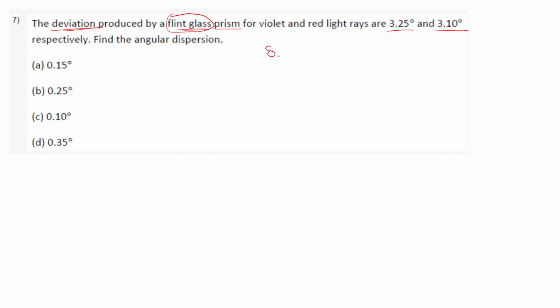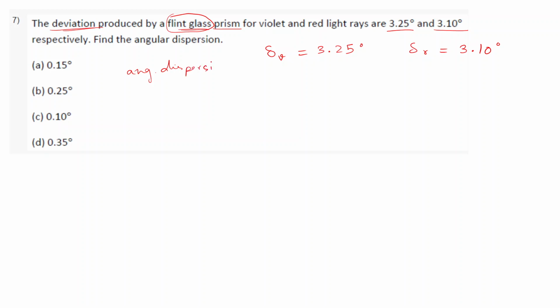So deviation for violet light is 3.25 degrees, and deviation for red light is given to be 3.10 degrees respectively. Find the angular dispersion. So we have to find out angular dispersion.